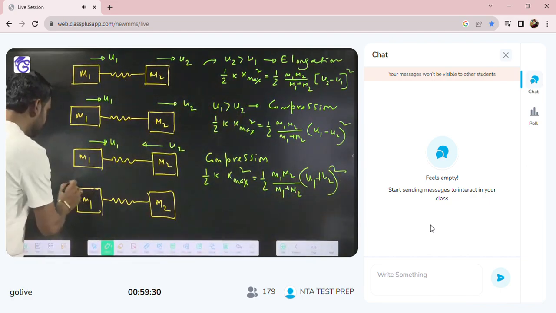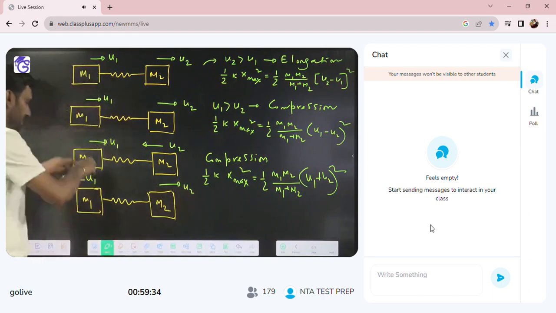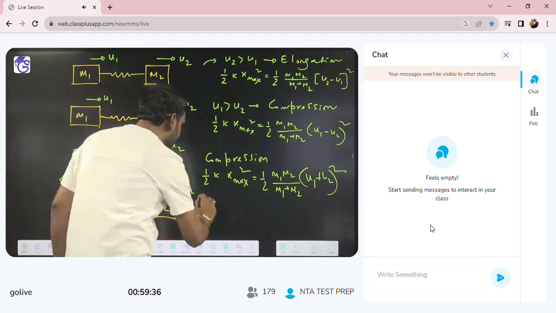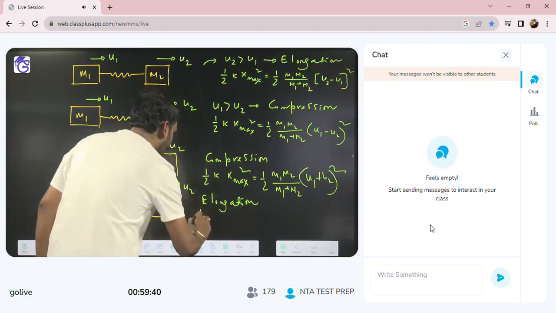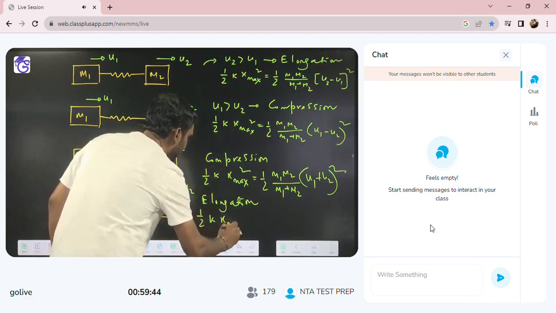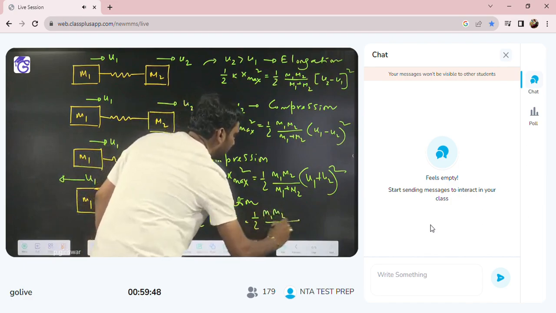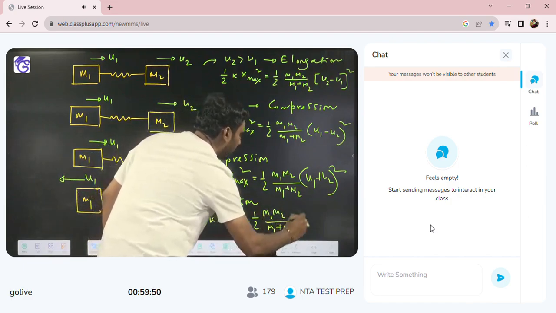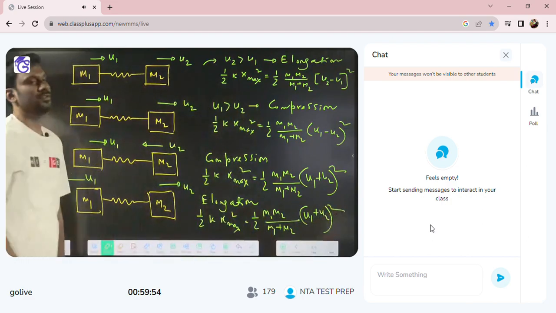Fourth one, this is u1, that is u2. So in this case what will happen? Elongation. Half k x max square is equal to half m1 m2 by m1 plus m2 into u1 plus u2 whole square.